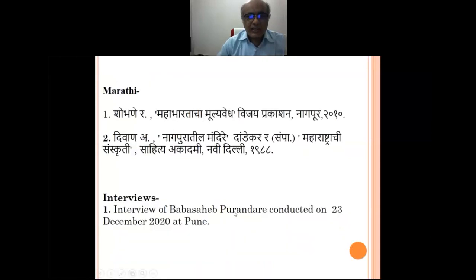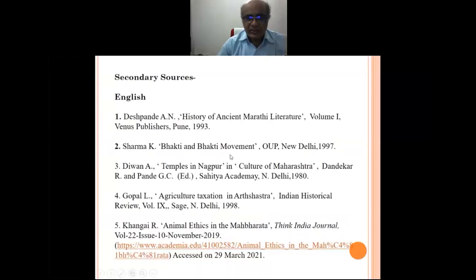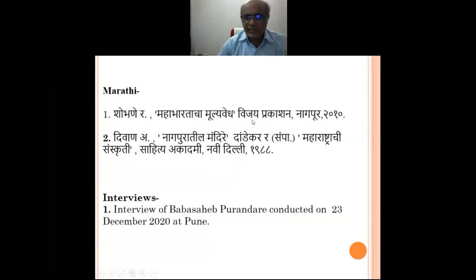Then, in secondary sources, these are the English sources. In Marathi also you write in a similar pattern. Write the name of the author, name of the book, publisher, and then you write the year. Then again a similar thing you have to do here also. If you are referring to a certain chapter, and you are getting some information from an interview, then you have to mention this: interview of Babasaheb Purandare conducted on 23rd December at Pune.